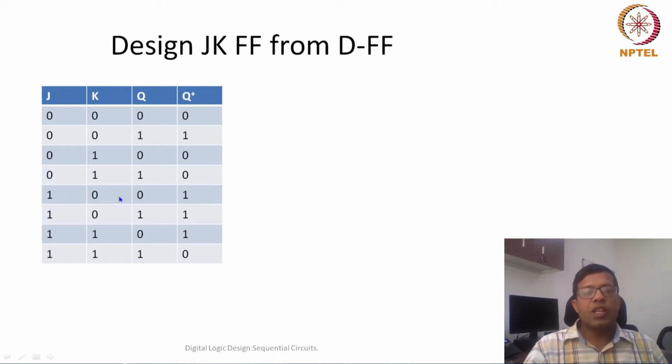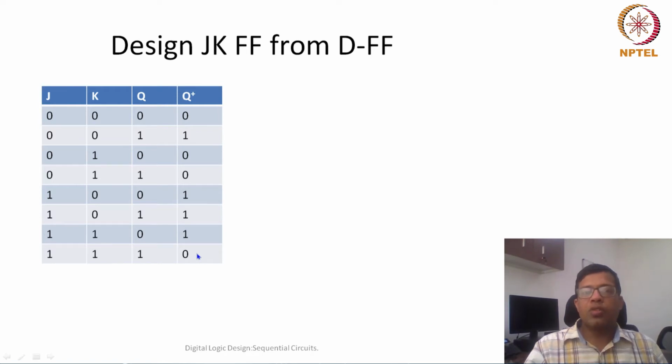When J is 1, K is 0, the next state is 1 irrespective of the previous state. When J and K both are 1, the next state is the inverse of the previous one. So if Q was 0, then Q plus is going to be 1. If it was 1, then the next state is going to be 0.